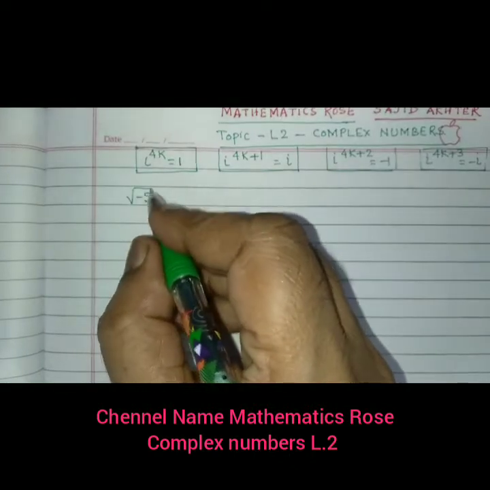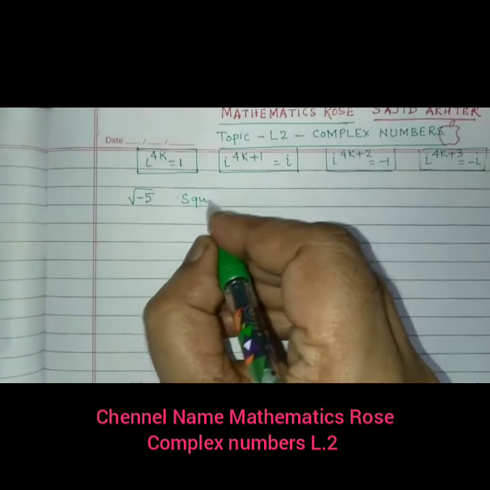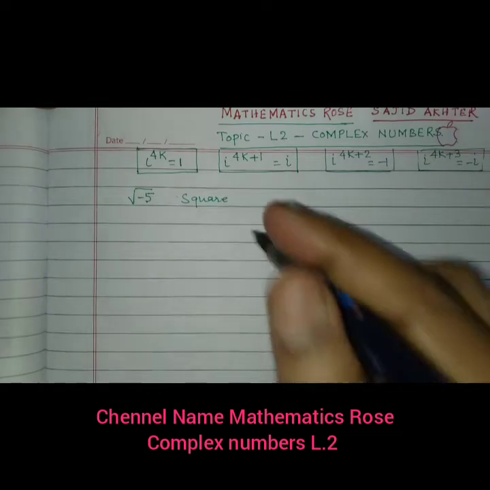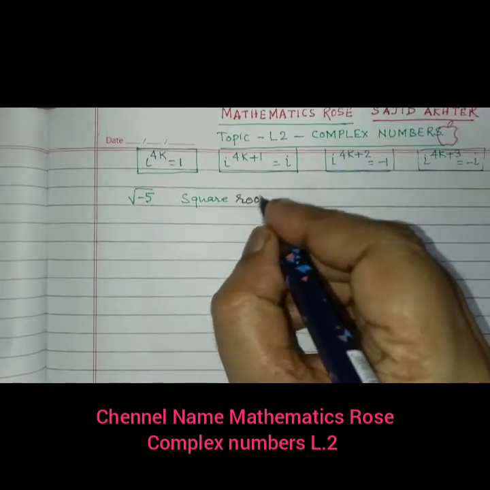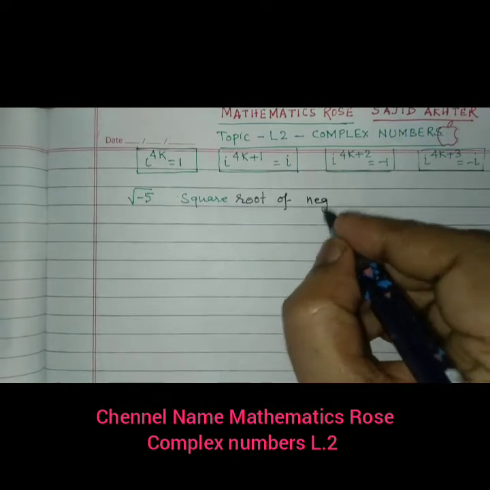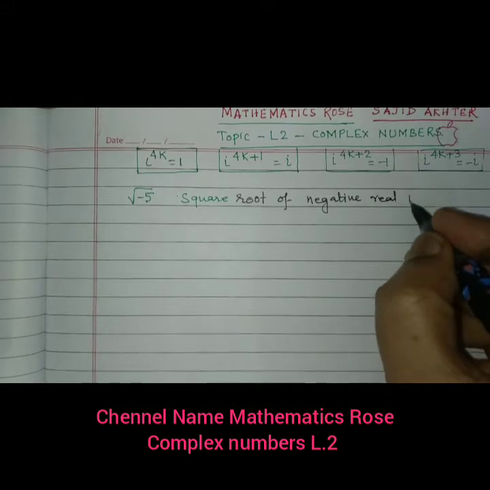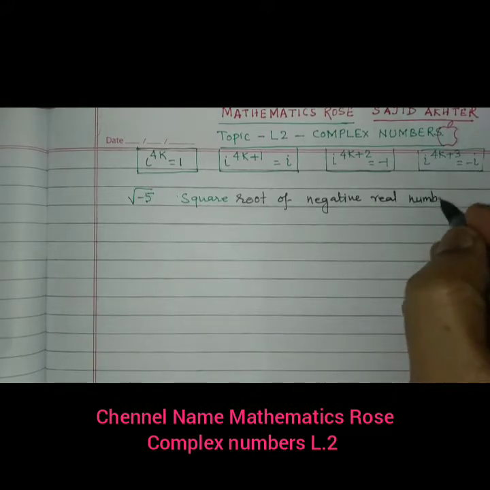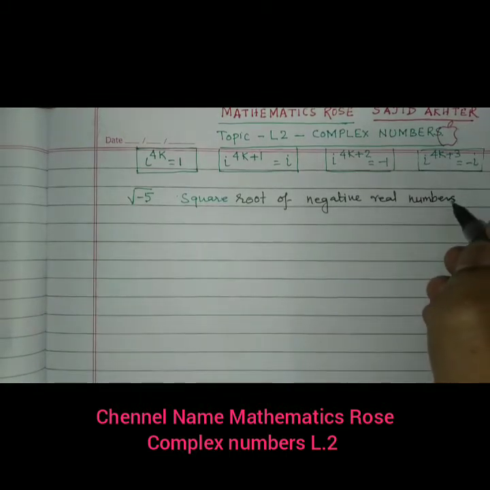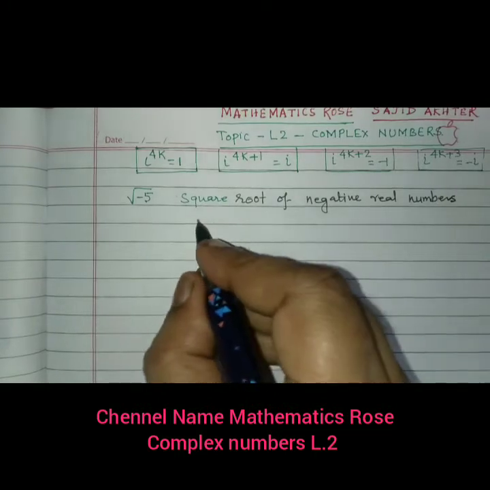It means that it is the square root of a negative real number. So square root of negative real numbers, and you know what the negative real numbers are.